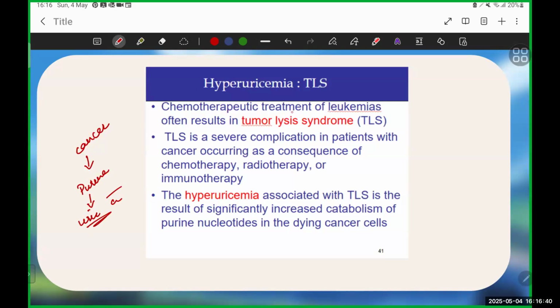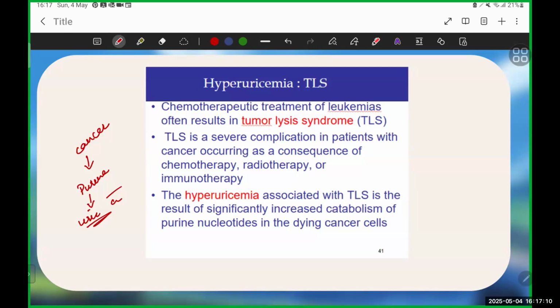So chemotherapy treatment. This is directly from your lecture. In my head, this exact slide is not that important, but you can just think, all right, cancer patient, chemotherapy, what happens? Your cancer cells have DNA too, so your cancer cells are going to die because of chemotherapy, and then you're going to have purine, and then purine is going to give you uric acid. She can ask, what drug can you give the person to manage this?